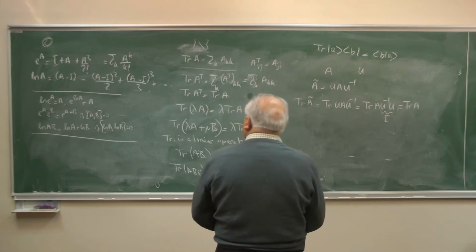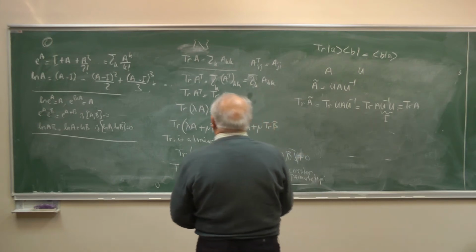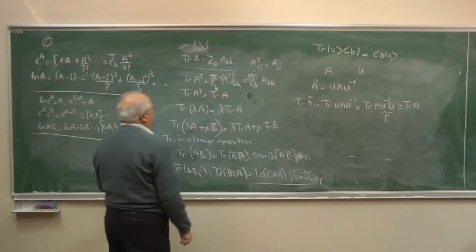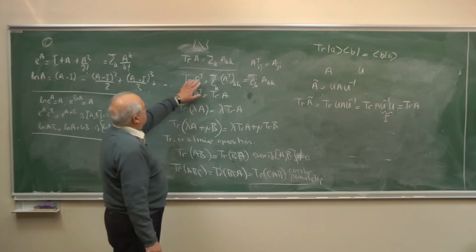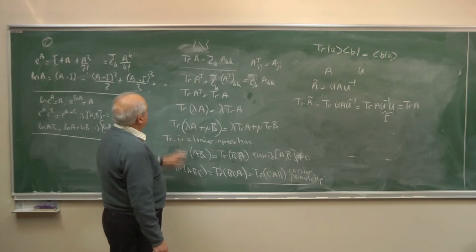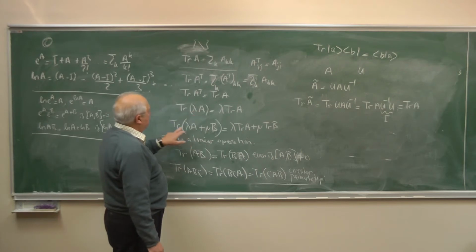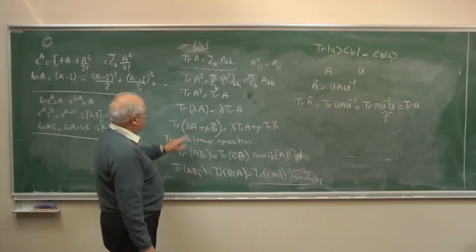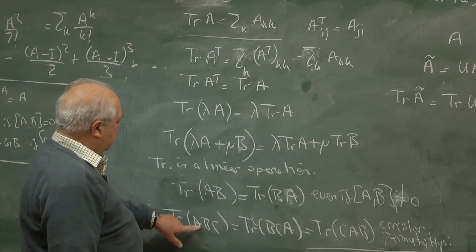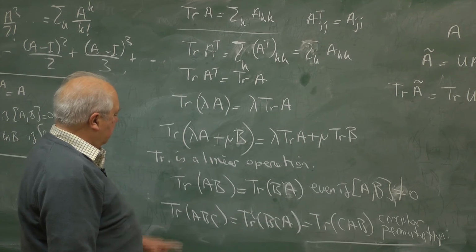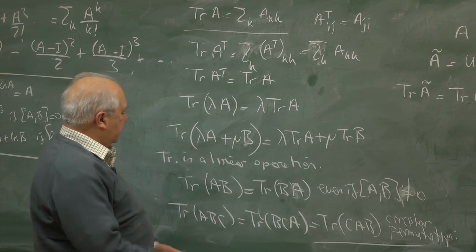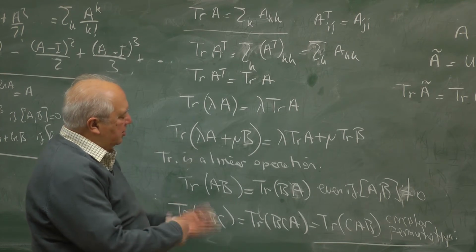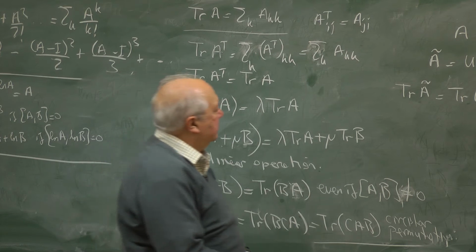All right. So these are the properties of trace. Let me just say it again. This is the definition: sum of the diagonal elements. Transpose has the same trace. Lambda times trace is a linear operator. And if you have a bunch of matrices which are not commuting with each other, trace of a certain order is the same thing as that order circularly permuted.